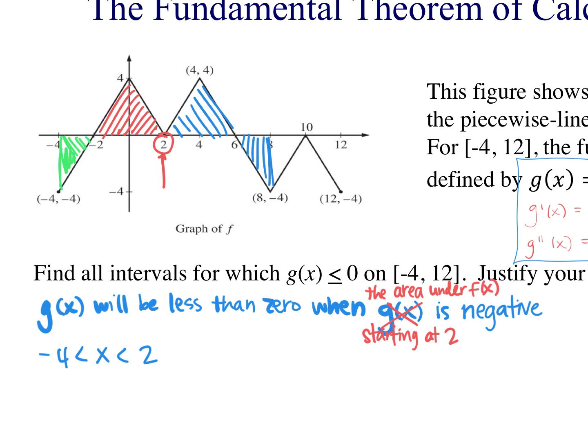When does it finally get back to where they cancel each other out? Now I'm back to 0 area again. If I keep going, then this part will be negative. And so the other answer to this is also from 10 to 12. That will also have a net result of accumulated negative area.